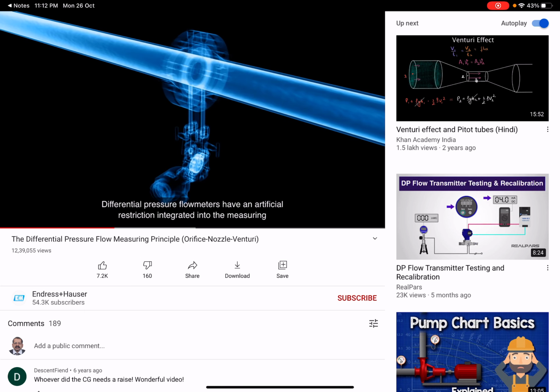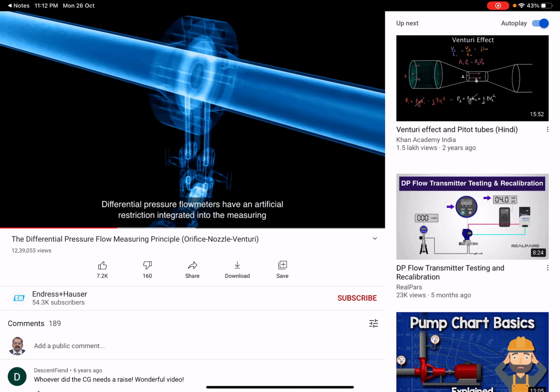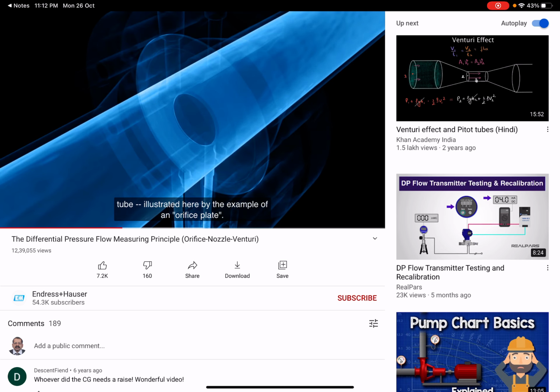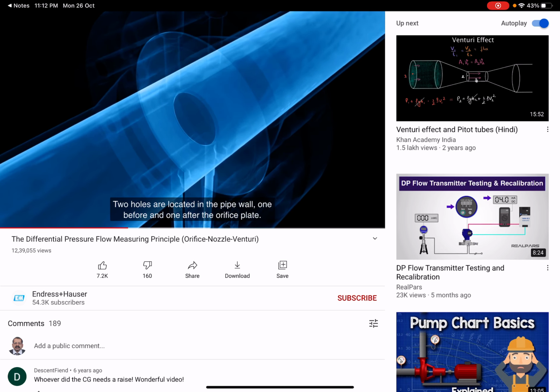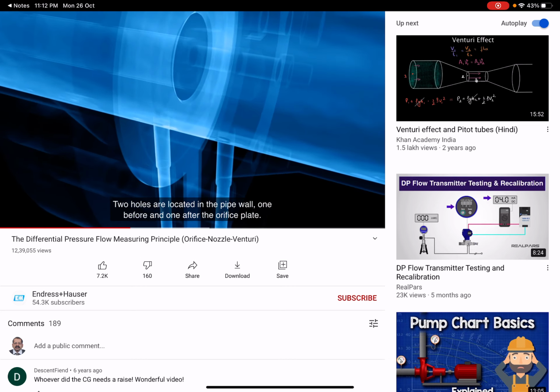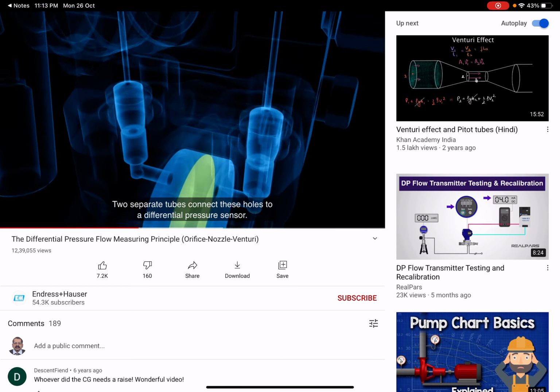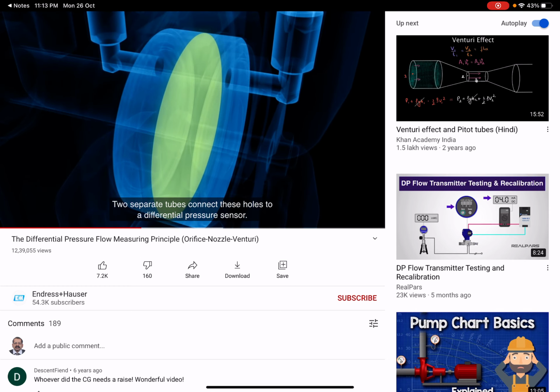Differential pressure flow meters have an artificial restriction integrated into the measuring tube, illustrated here by the example of an orifice plate. Two holes are located in the pipe wall, one before and one after the orifice plate. Two separate tubes connect these holes to a differential pressure sensor with its two pressure chambers separated by a diaphragm.